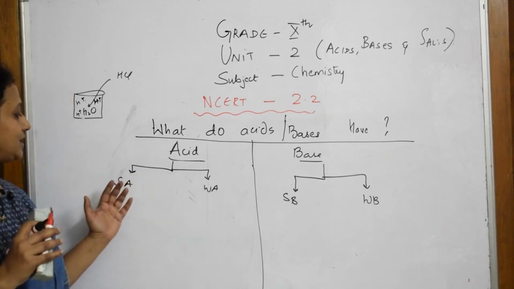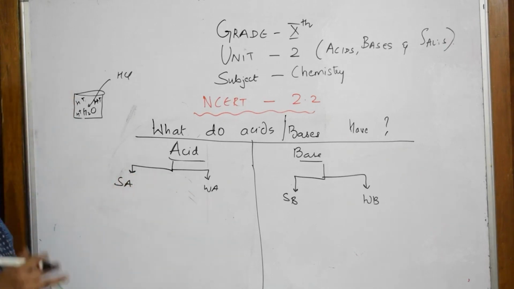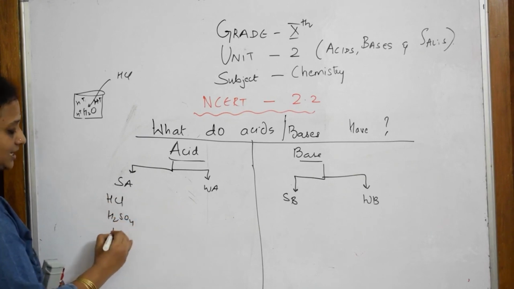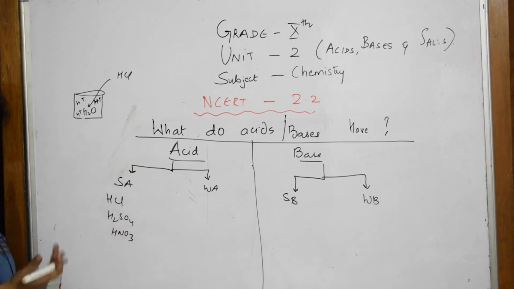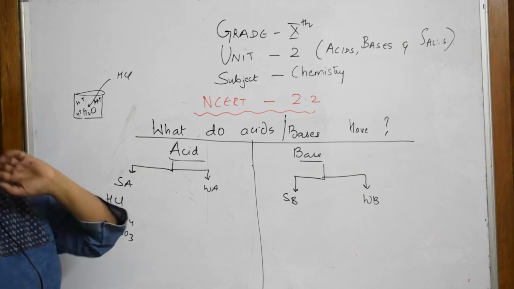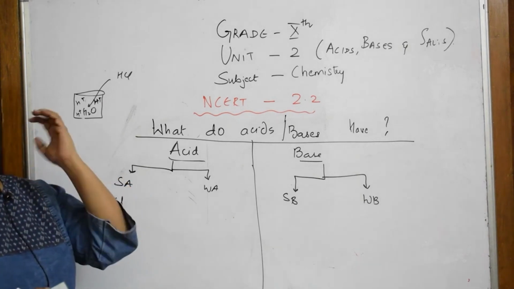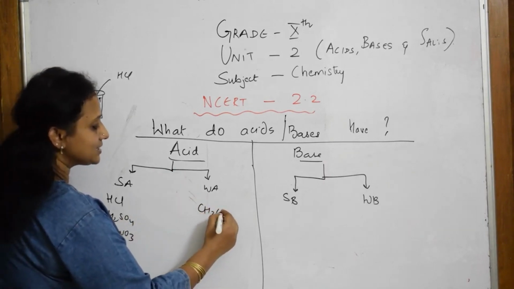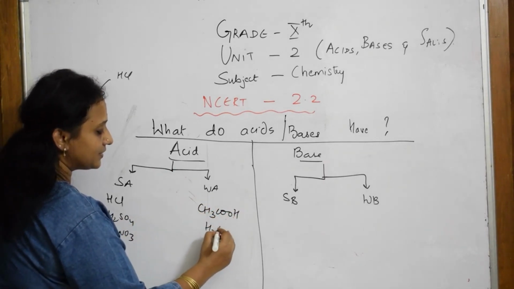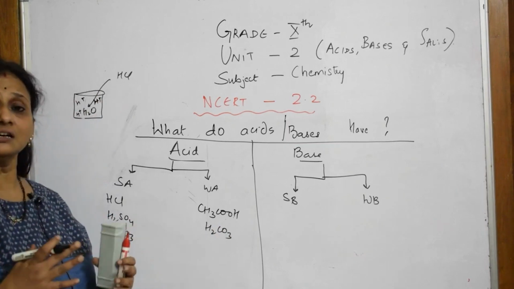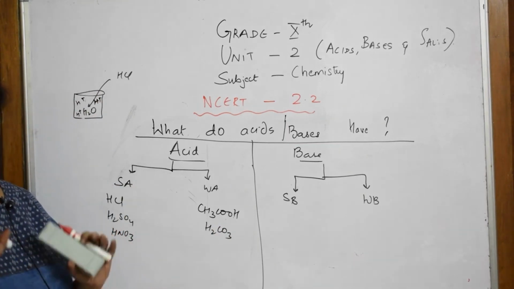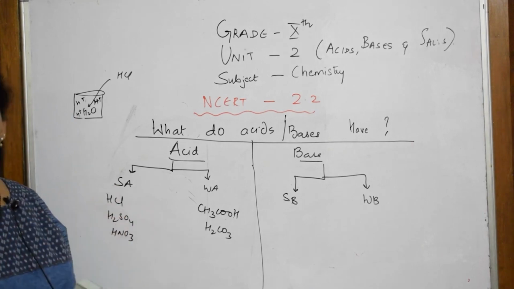When I take strong acids, like HCl, sulfuric acid, nitric acid, and dissolve them in water, they completely break down or dissociate into H plus. When I take weak acids like acetic acid, carbonic acid, they do not completely dissociate, only partly dissociate into H plus. But importantly, both will release H plus.